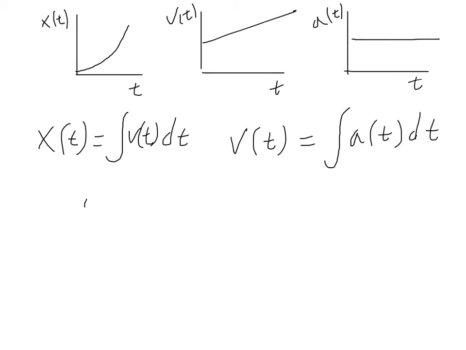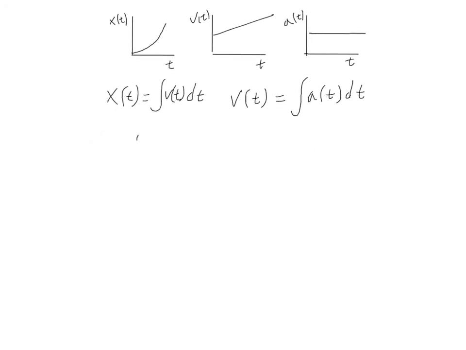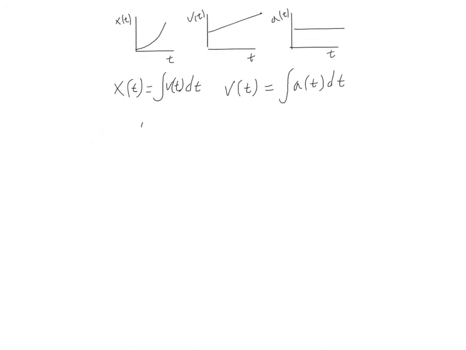Now, in order to actually do these sorts of problems using the integral, you must have some added information or the boundary values, or else you just can't determine c. So in this type of problem, we must have additional pieces of information in order to solve the problem. So let's say that we're given the equation a of t equals some constant value, letter a.